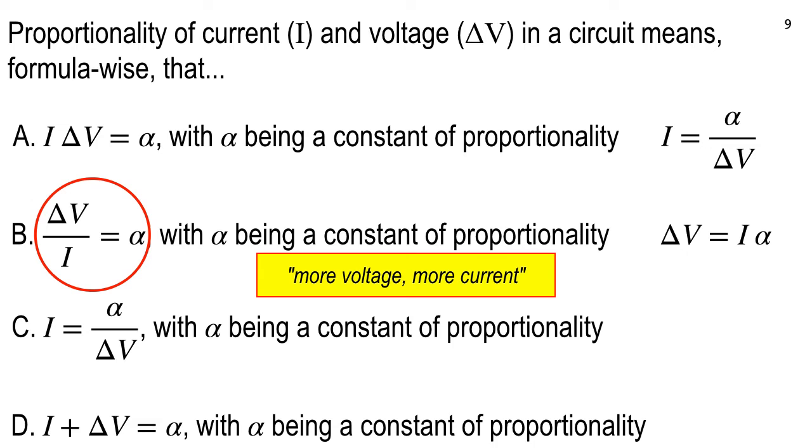Now this one down here at the bottom is an equation, but they're additive. You would say current and delta V are additive. If you had that in your mind, you'd write a sentence like that. But it's not true.